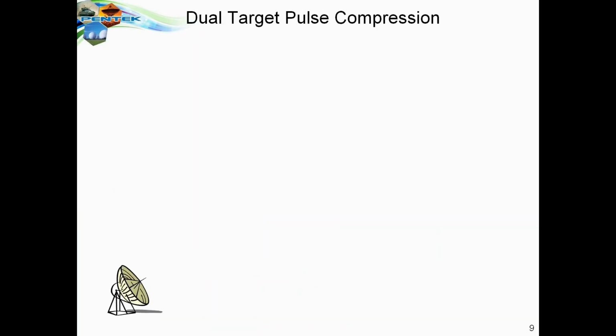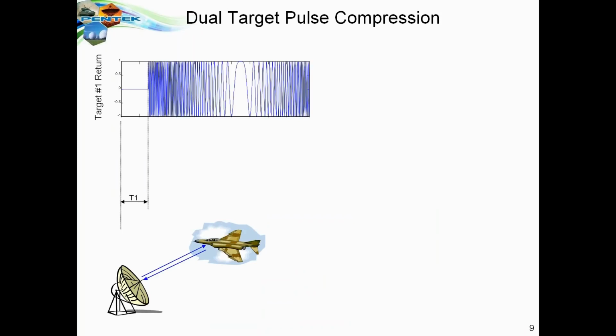Pulse compression can be very useful when you have two targets in your radar field. Here we have a single target which returns a signal after the pulse reflects from the target back to the antenna, arriving at time t1. And here you can see a time waveform of the returned chirp pulse that shows a frequency sweep within the chirp.